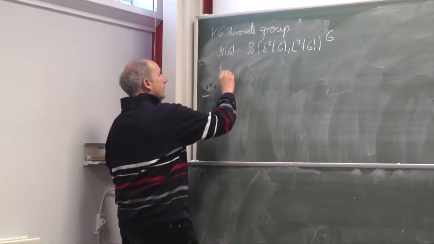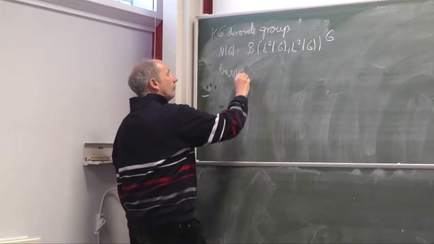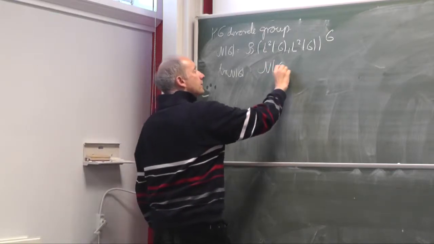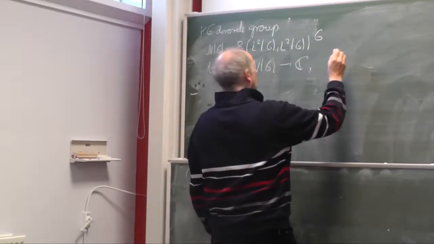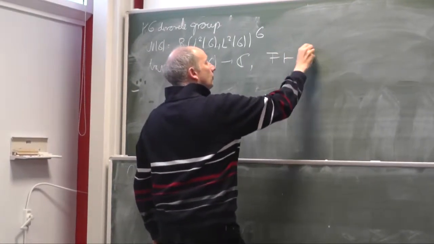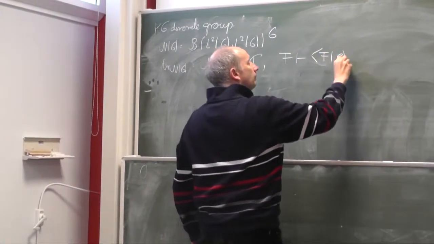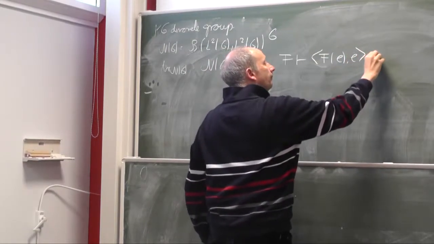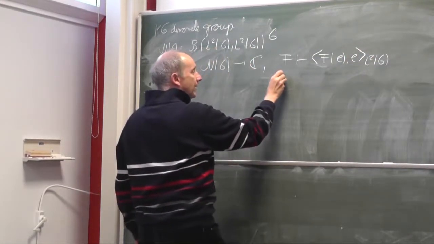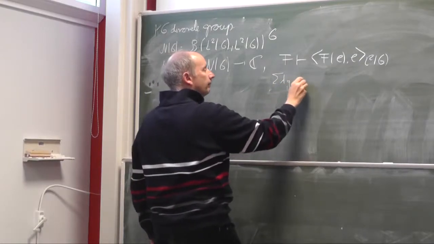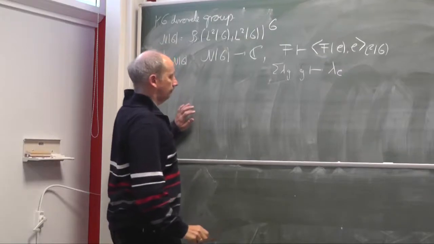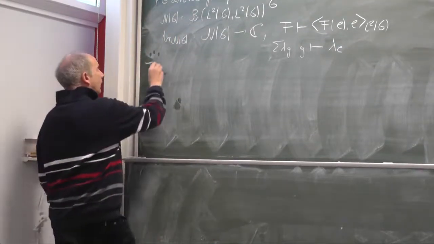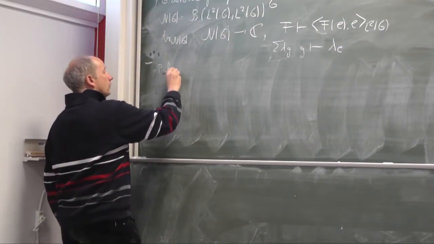We had this nice trace from the von Neumann algebra to C. Operator goes to this inner product. And if you write this operator as a formal sum, you're looking at the coefficient of the identity. So now I start with a finitely generated projective module.